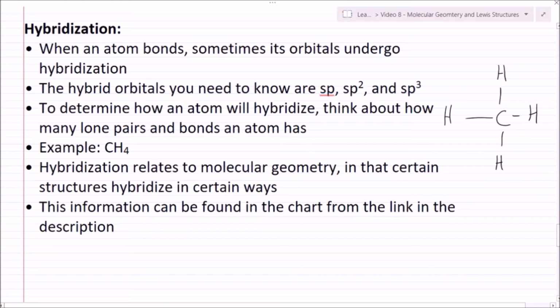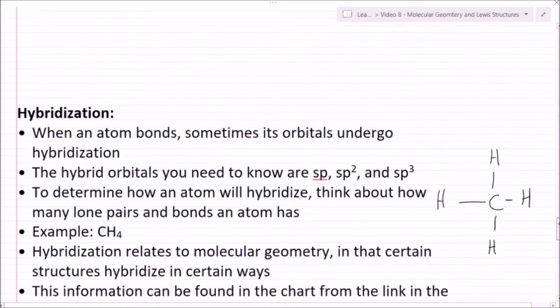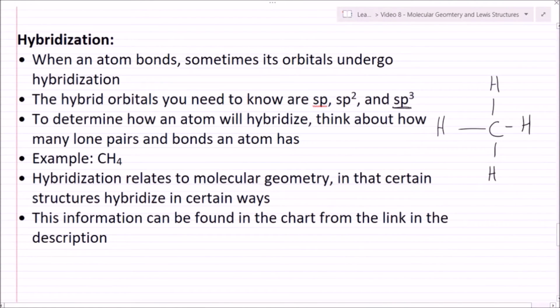You can also know the hybridization just from knowing the molecular geometry and the corresponding hybridization of that molecular geometry. But if you don't know that, you can just think about how many lone pairs do I have, how many bonds do I have, so how many orbitals do I need to hybridize? In this case it's 4, so we have sp3. So 1 for the s, 3 for the p. That's 4.